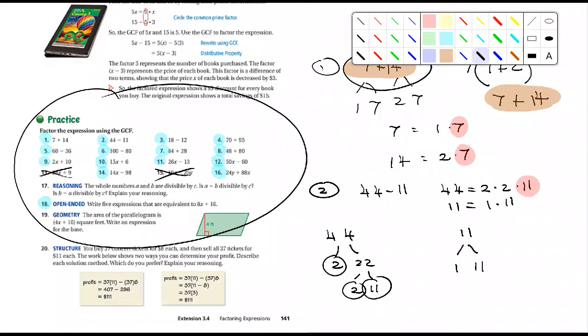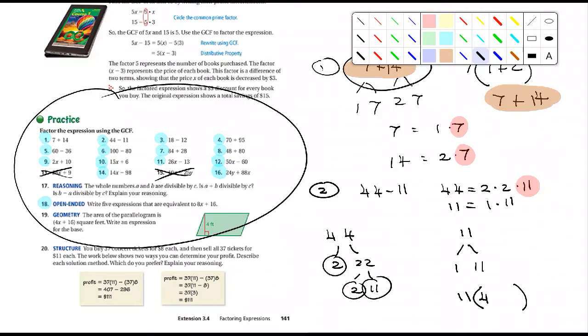Having pointed that out, when I set up for the distributive property, what's the number that goes on the outside of the parentheses? The greatest common factor is the number that always goes on the outside of the parentheses. Now I just need to think about what 11 times what is 44? 4, right.